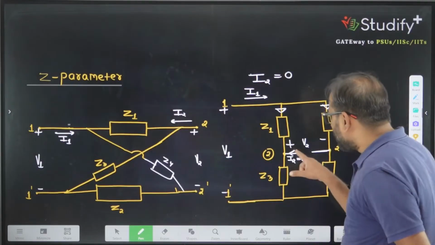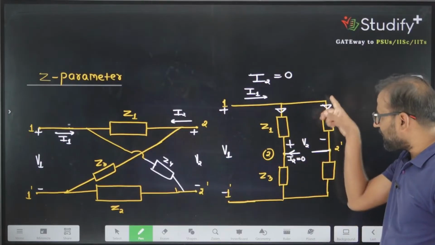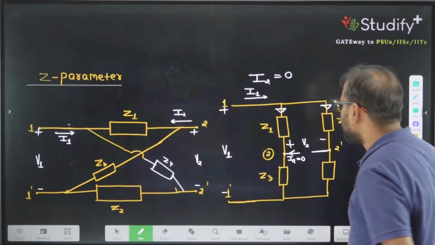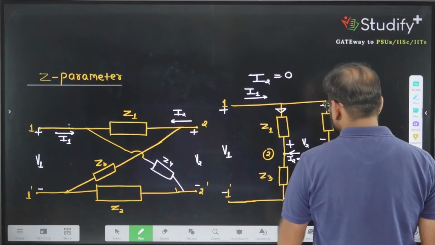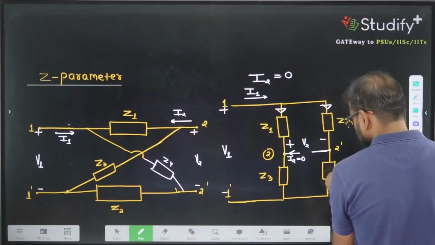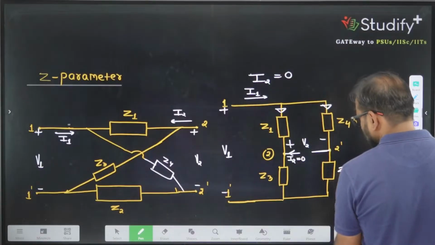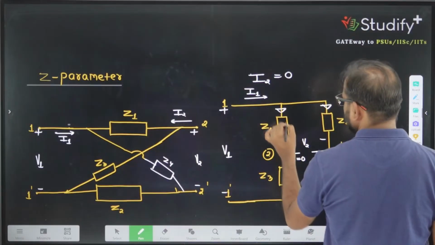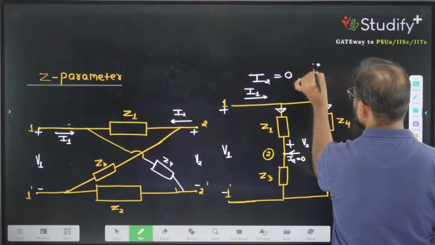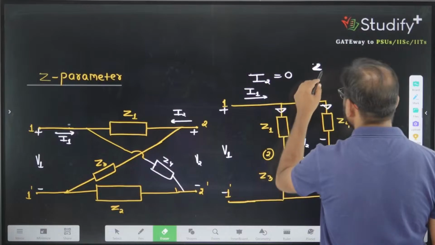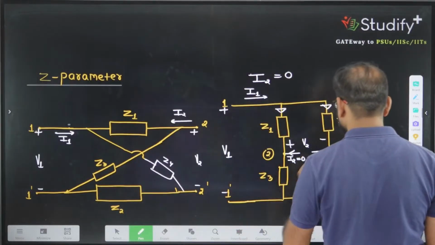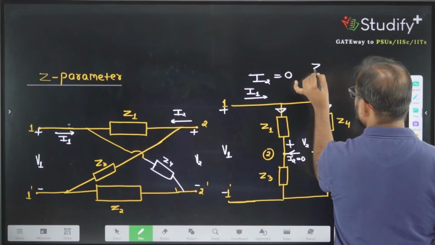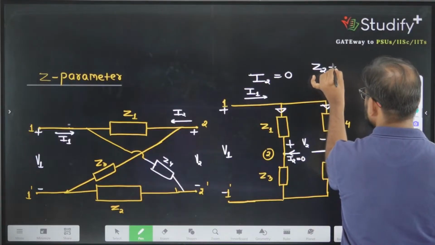If I2 current is 0, these two branches will appear in parallel. If these two branches appear in parallel, what is the current here? The current in this branch is given by Z2 plus Z4.